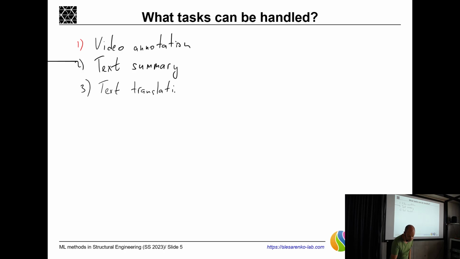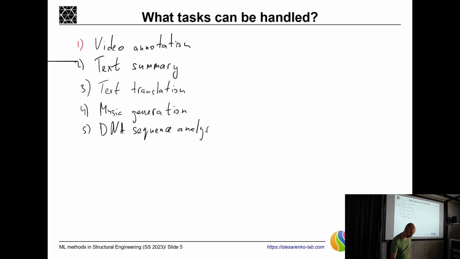And again, if we go further, we can say something like music generation, because you can also generate sequences. And there is another example that I like: DNA sequence analysis. If you know, we have A, T, and what else do we have?